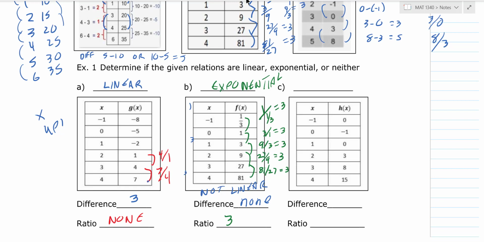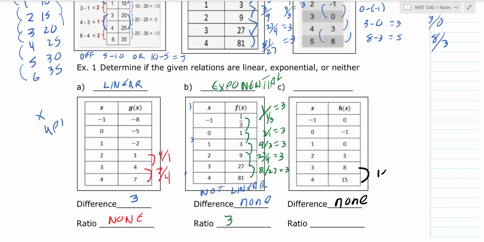Let's see if we got a common difference. So 15 minus 8 is 7. 8 minus 3 is 5. So is that linear, yes or no? No, it's not linear. There's no common difference. So we know that it's not linear. Okay, it's got to be the same everywhere. Now let's do a ratio.